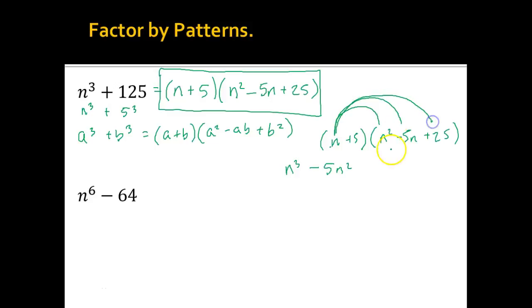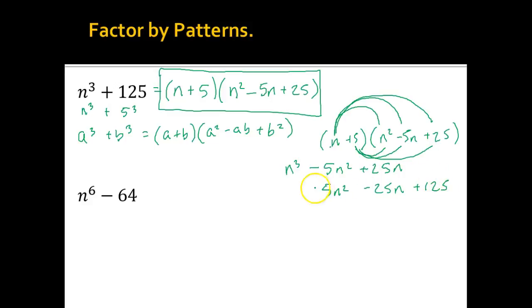N times 25 is positive 25n. And then we'll do the 5 times each of those terms. So 5 times n squared is 5n squared. 5 times negative 5n is negative 25n, and 5 times 25 is positive 125.